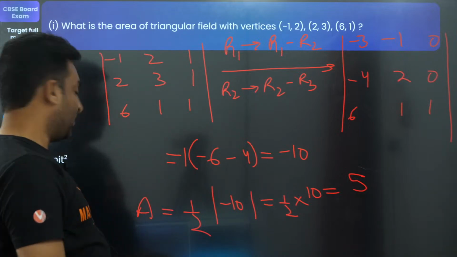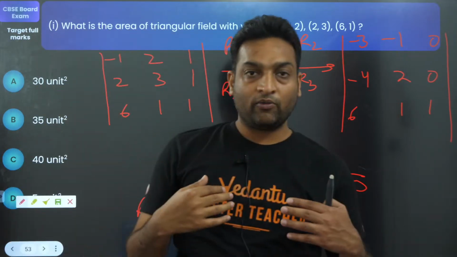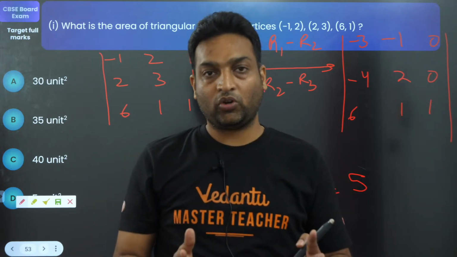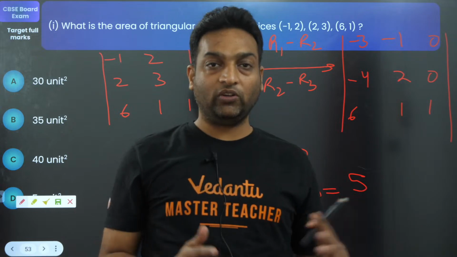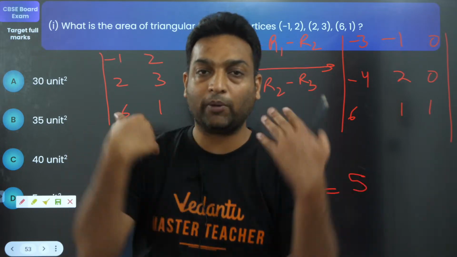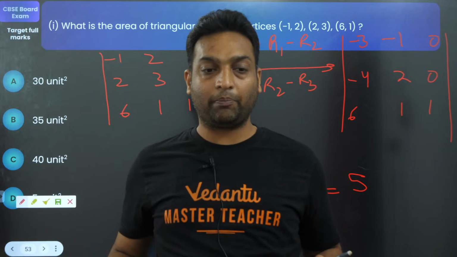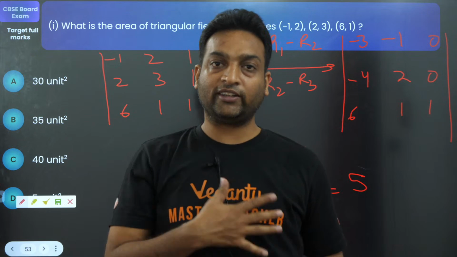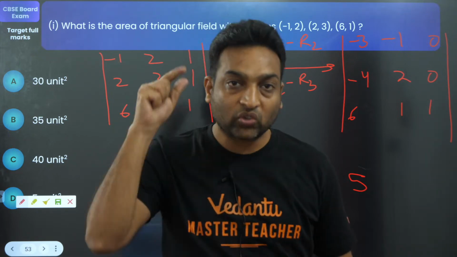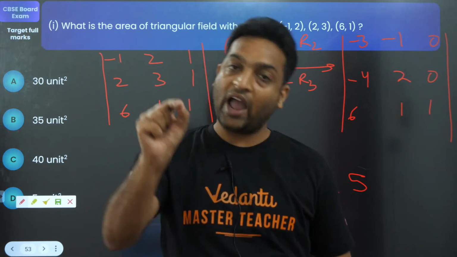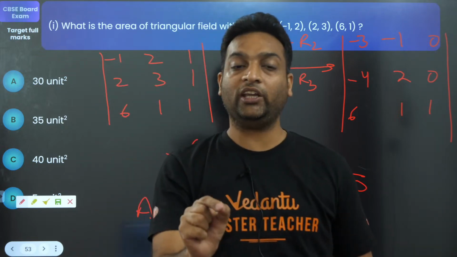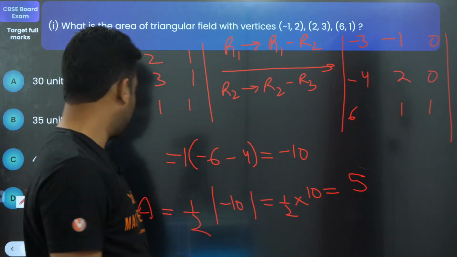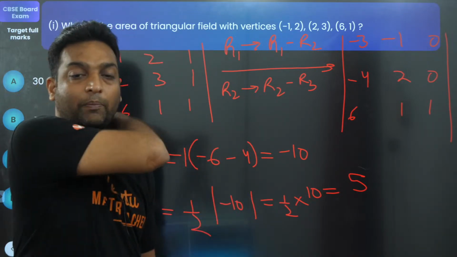The same confidence from boards, because you have done the chemistry paper good, the physics paper good, and you are doing the math paper superbly good, will translate into JEE. This knowledge, this understanding of basics and this confidence will translate into JEE, and you will do superbly in JEE if you have that confidence. Keep your fist closed, and whenever you do a question, give a pat on your back.